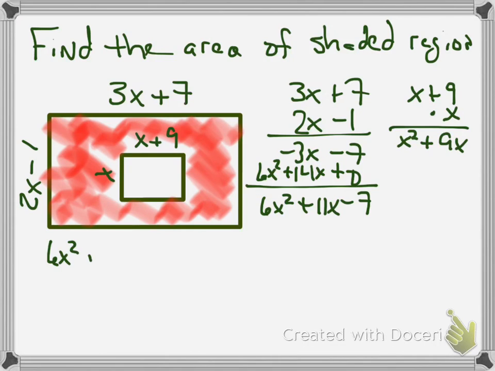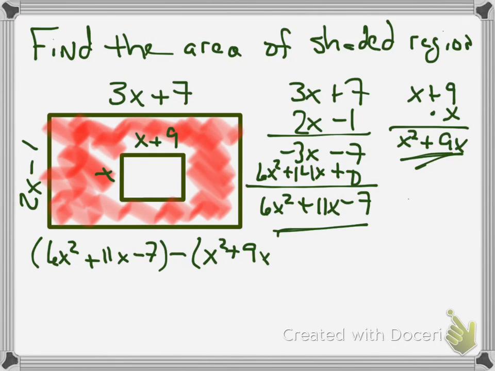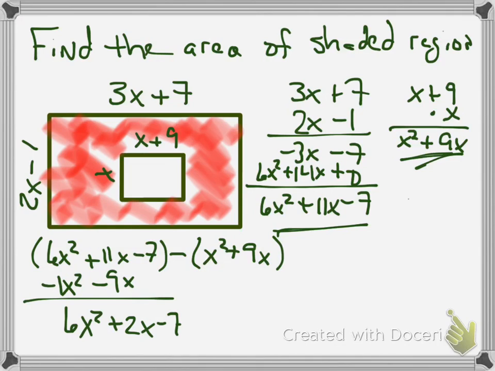This one needs to be subtracted from the big one. So the big one gets subtracted by the smaller one, and that gives me the red shaded area. Lining things up the way we do when adding and subtracting polynomials, combine your like terms, all done. The area of the shaded region is 6x squared plus 2x minus 7.